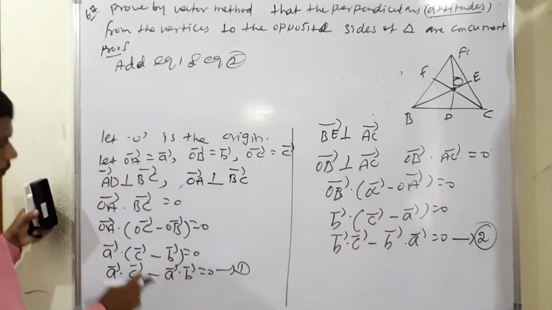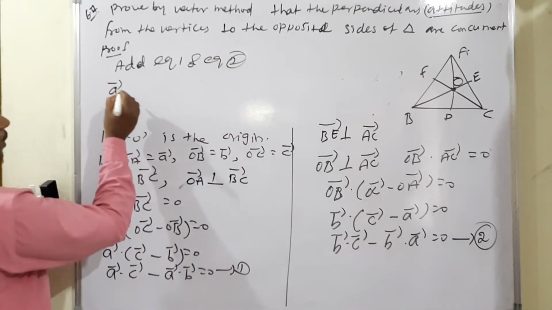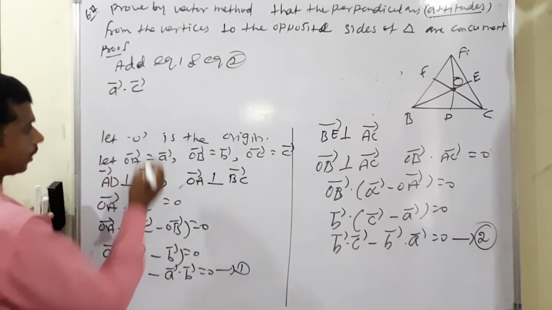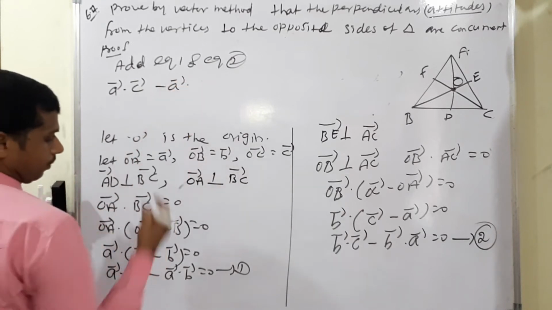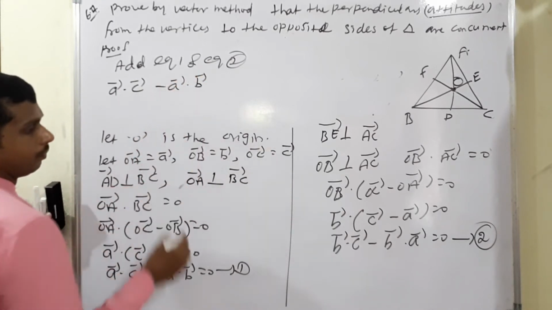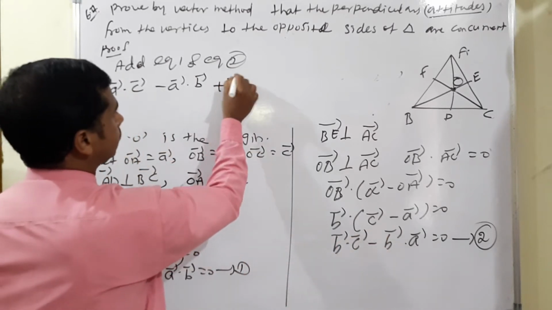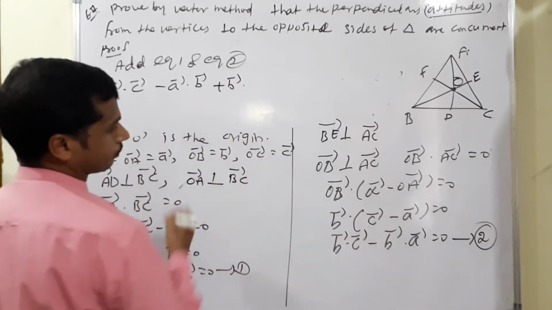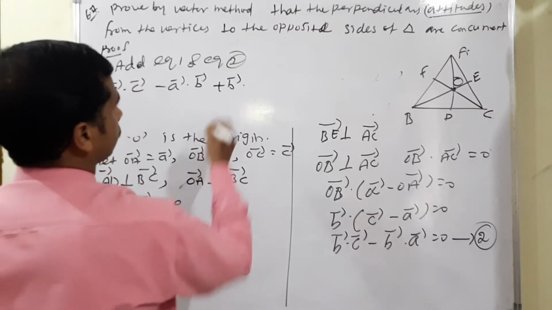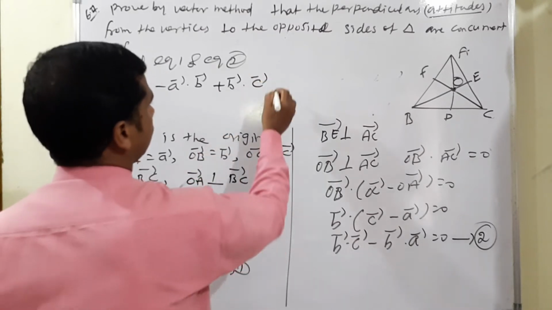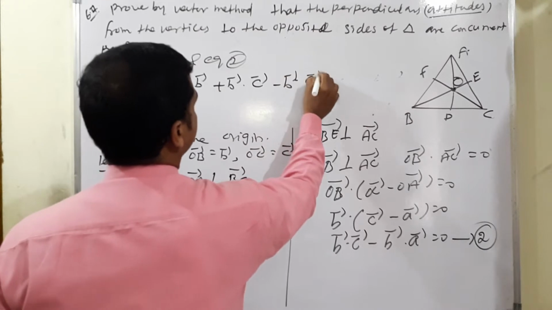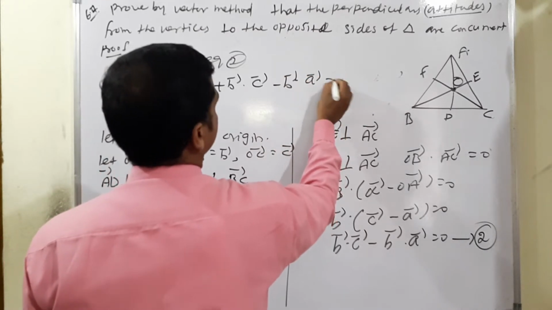Look at there, equation 1 left hand side: A vector dot C vector minus A vector dot B vector. Second equation left hand side plus B vector dot C vector minus B vector dot A vector, equal to 0.